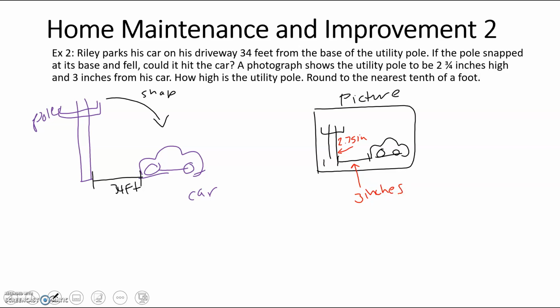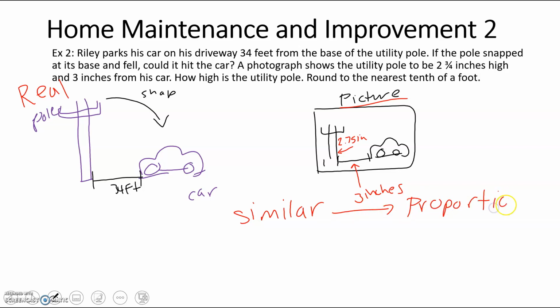Now, once again, because these are pictures of the same thing, one is the real life and the other is a smaller picture version, we know that these are forming similar figures. Similar means same shape, different size. Therefore, the relationships that we form will be proportional or equal.